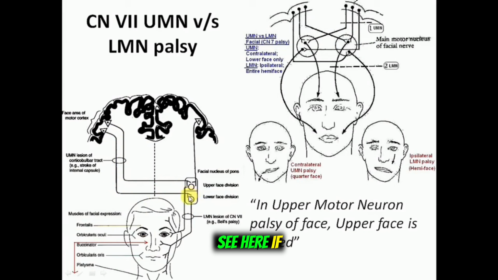So we can see here lesion number 1, that is the upper motor neuron lesion of the corticobulbar tract. So these fibers, which are innervating the same side as well as the opposite side upper part of the facial nucleus, are damaged.